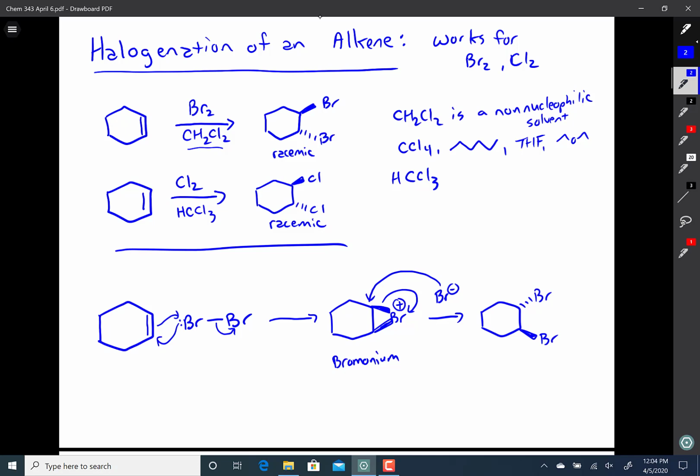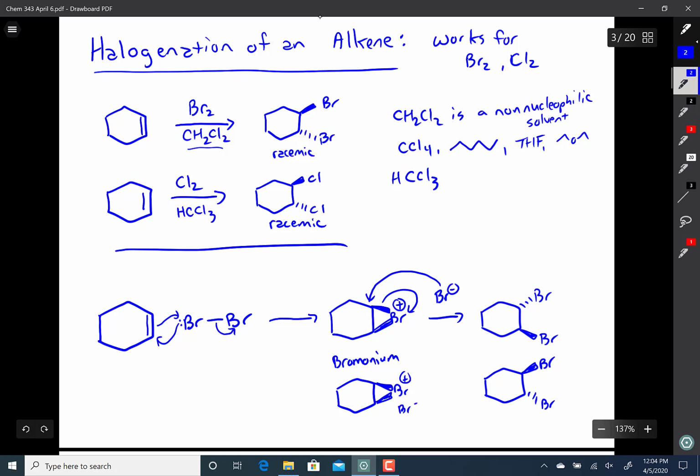Now if it attacked from the other side, we ended up with this compound.